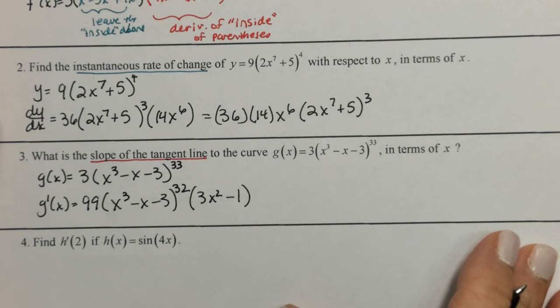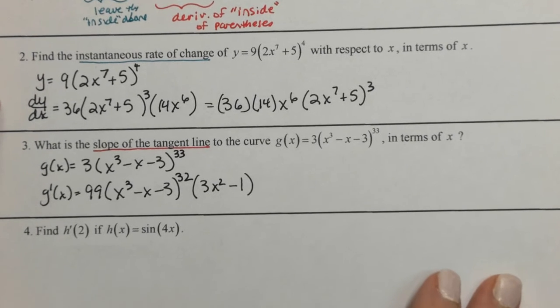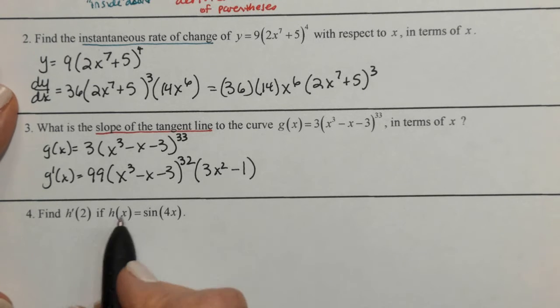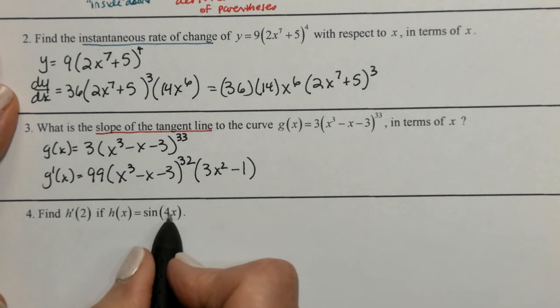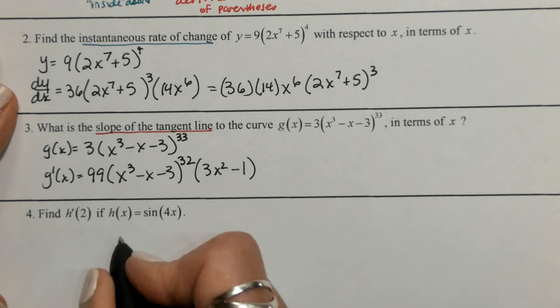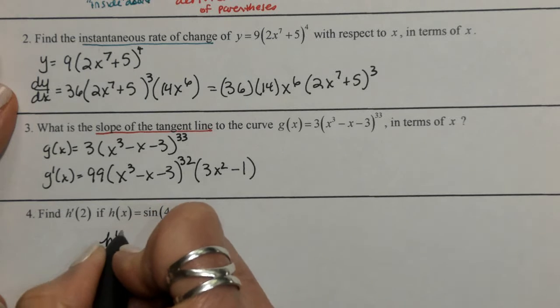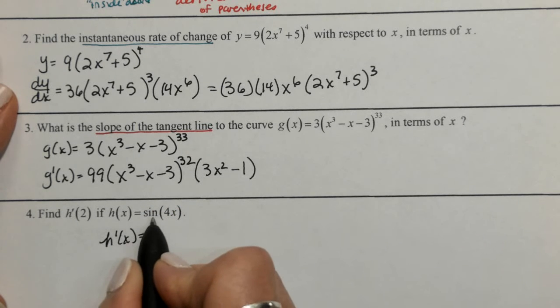Okay? All right, let's see how we can do this with trig functions. So we have h is equal to sine of 4x, all right? Not a plain x in here. So the first thing I'm going to do in finding this derivative is just take the derivative of sine as I normally would.